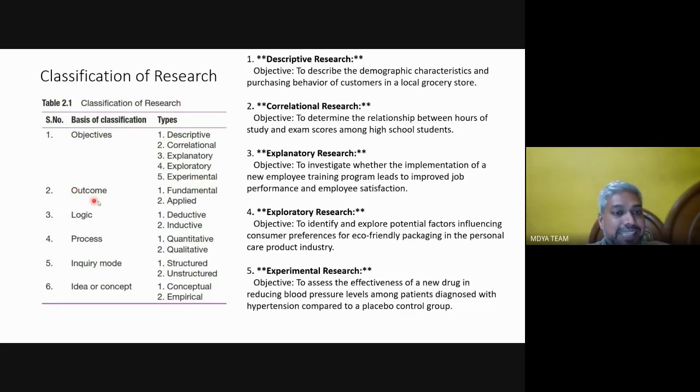The second basis is outcome. When the conclusion comes when you complete your research, that outcome shows whether it is fundamental or applied. So understand fundamental and applied. Now Chandrayaan 3. First Chandrayaan 1 was the fundamental, and Chandrayaan 2 failed because of some issues or whatever the reason behind it.